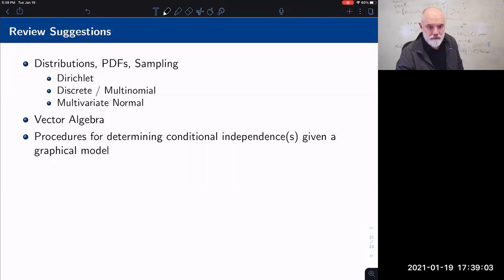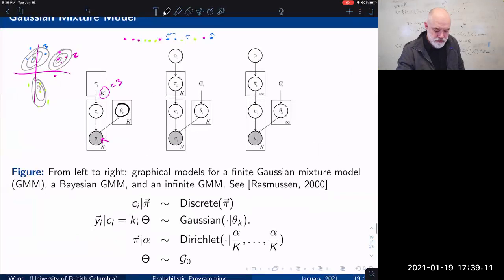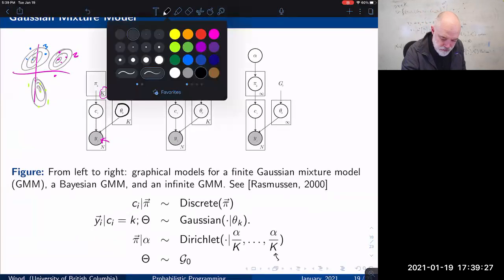Cool. In a GMM, how can we infer the number of clusters? There's a number of levels of detail to that question, but the most direct is to just say that you start with a value of k here.